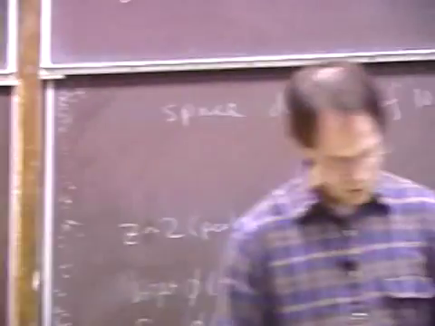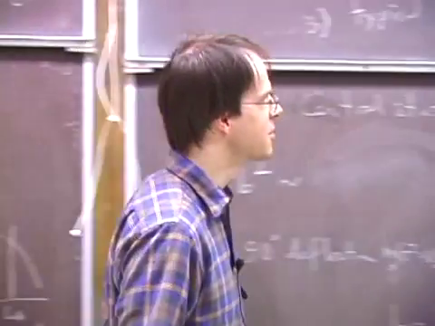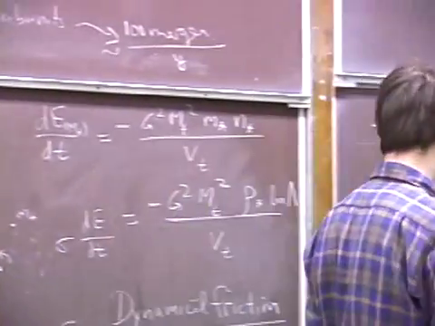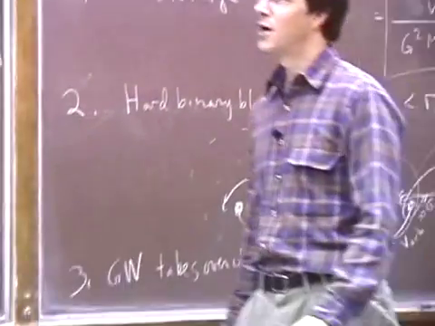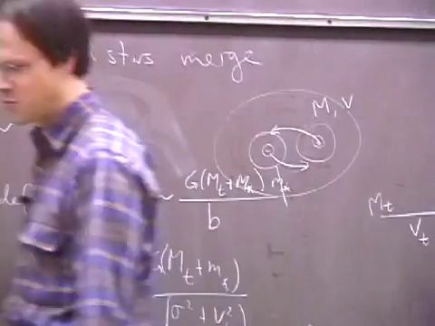Okay, so in the last 5 minutes, let me tell you the story about what happens after this merger, or if there's no merger. Then all we have is a black hole with a central star cluster.